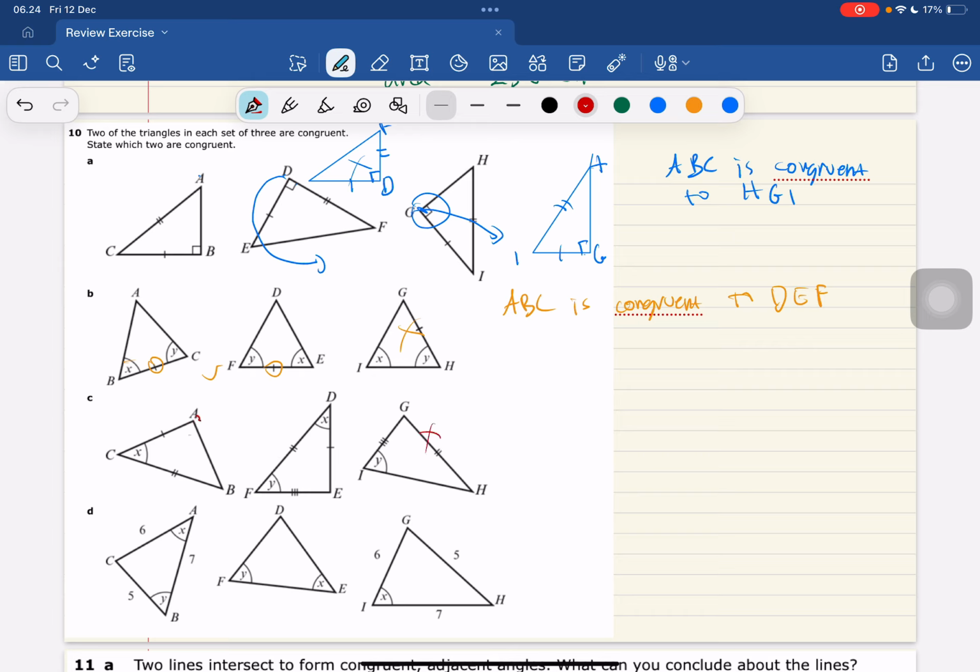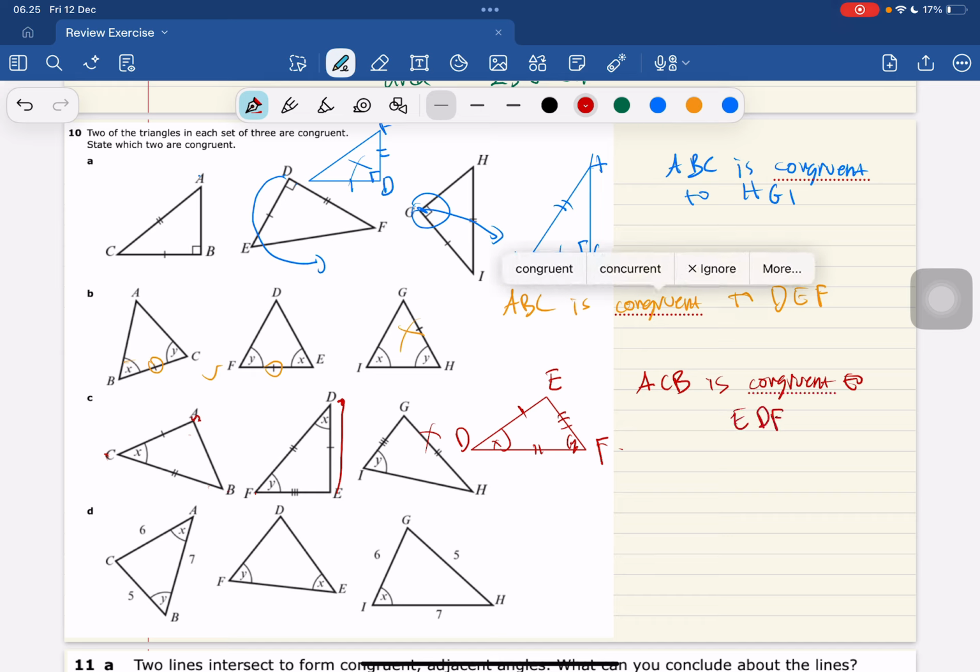So A, C, B is congruent with E, D, F. So we can write it like this: ACB is congruent to EDF, with X, 1, 2 and Y marked.